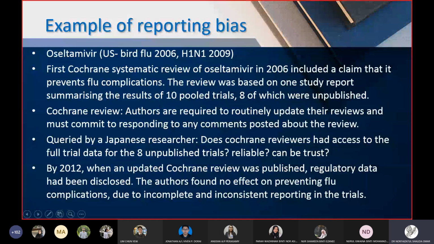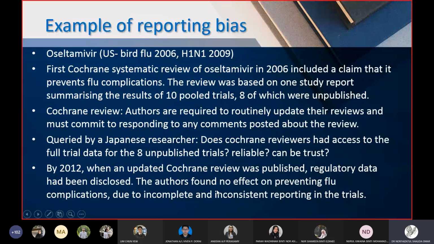Okay, then in 2012, Cochrane updated the paper. So the regulatory data was disclosed, but the authors found no effect in preventing flu complications due to incomplete and inconsistent reporting in the trials.